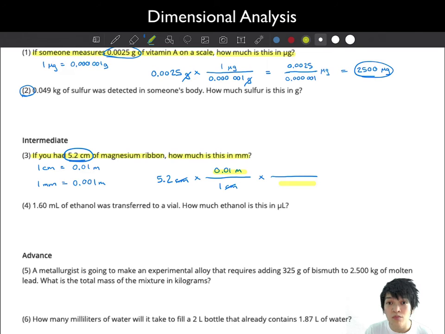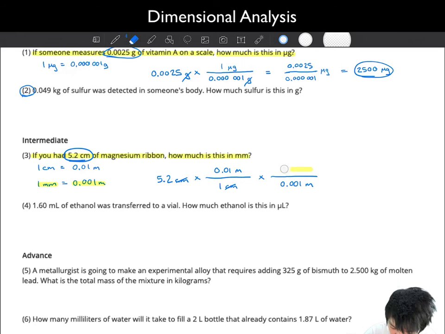That means we want meters on the bottom of our second conversion factor. And the one that involves meters that we haven't used yet is this one right here, 0.001 meters, right? And then the one that we want on the top is the other part of that conversion factor, which has millimeters. So we're going to write millimeters on the top right there.